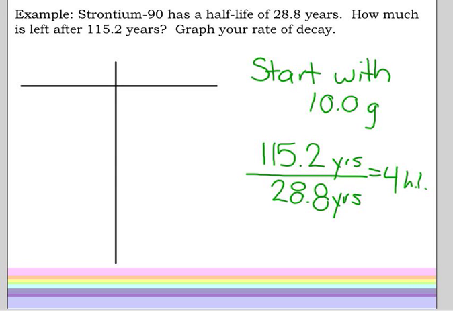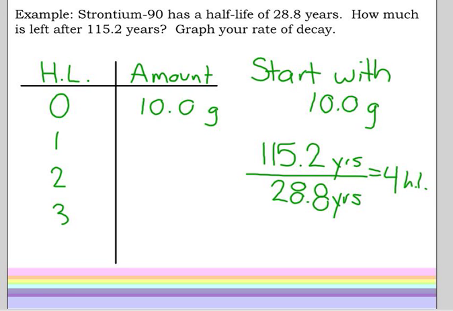So if we use our graph over here and we say this is our half-lives and this is our amount, at the beginning, that's time 0, so 0 half-lives. We said we're going to start with 10 grams. And now we're going to have 4 half-lives, so I'm just going to number down 1, 2, 3, and 4. What happens as we go through?